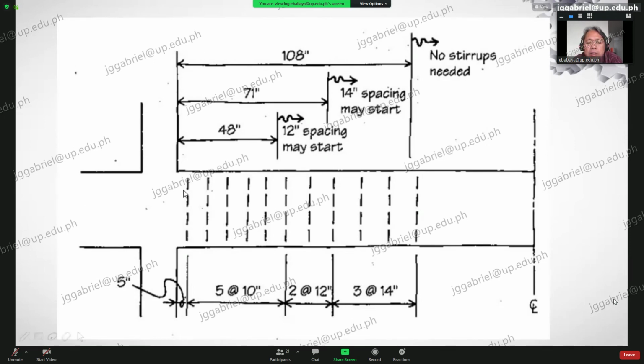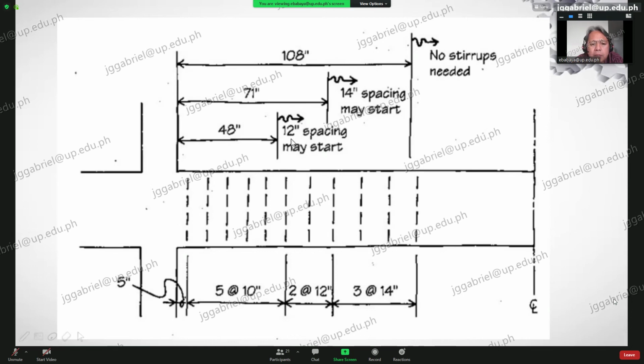By the way, these are the stirrups. Ito yung stirrup mo rin ito. Okay, the first stirrup is 5 inches away from your support. And then this is 10 inches, 10 inches, 10 inches, 10 inches, 10 inches. Okay? So, up to here, ilan na yung inabot niya? This is 5, 1, 2, 3, 4, 5. So, 5 times 10, 45 siya rito. 10, 20, 30, 40, 50. Then 55.